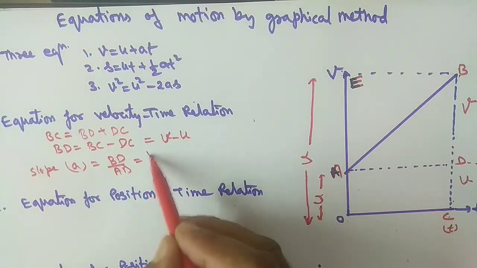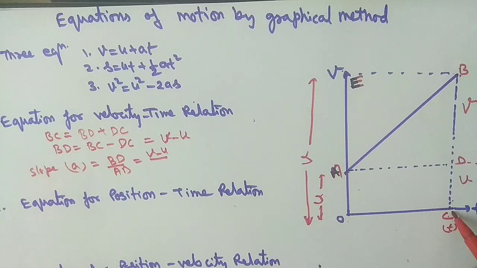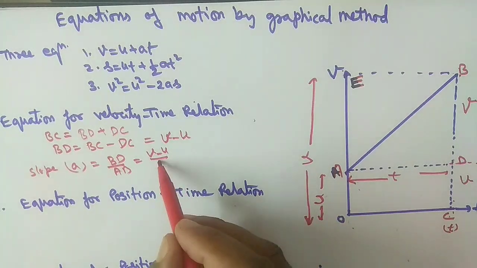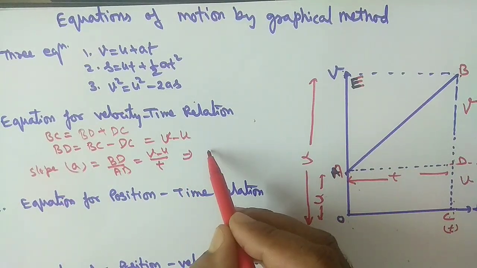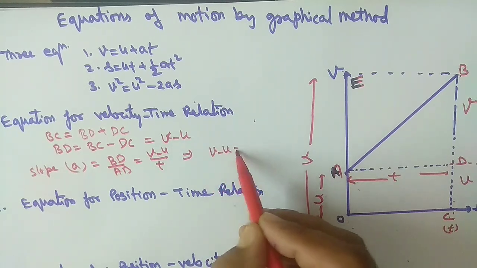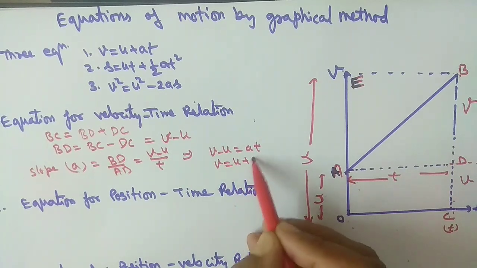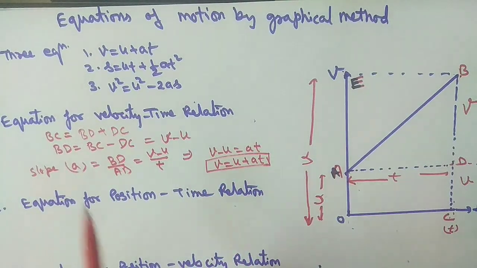So BD is V minus U, and AD means from 0 to t, the total time is t. Cross multiplying, V minus U is equal to at, or v is equal to u plus at. This is the first equation, known as the equation for the velocity-time relation.